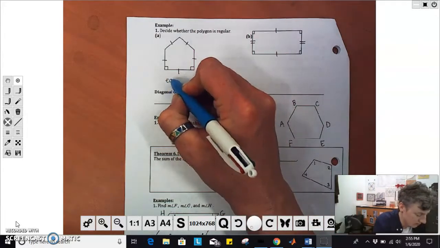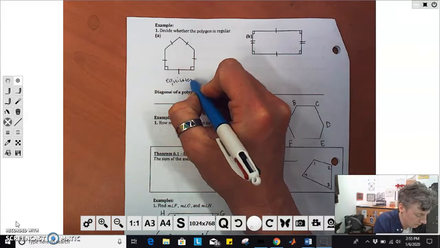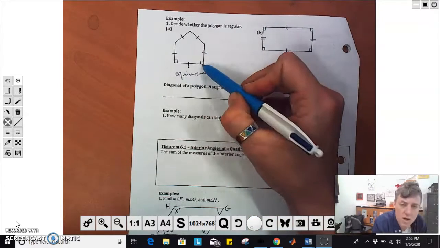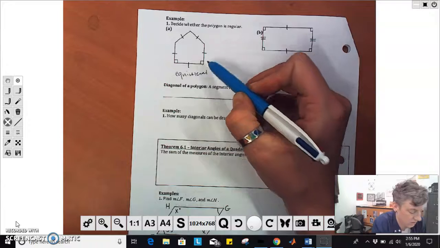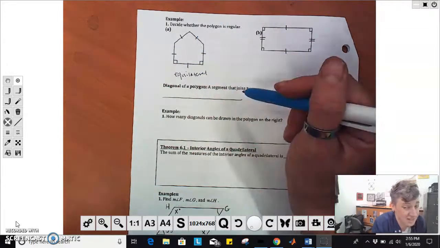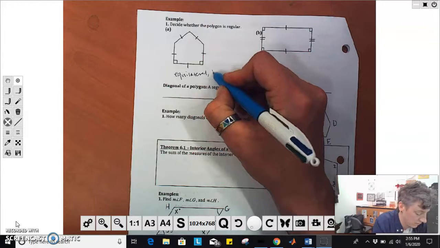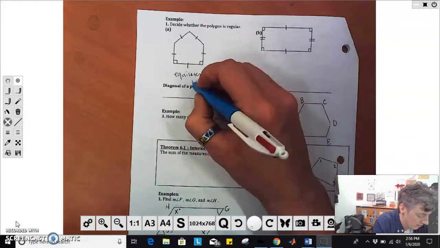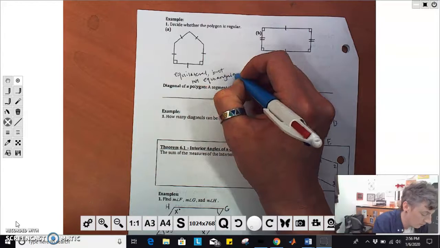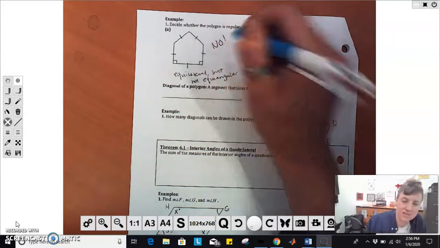We definitely know it's equilateral. We've got 2 right triangles, we know because of the squares in the corner, but these aren't marked as right triangles, so it's not equiangular. Not equiangular. So, no, it's not regular.